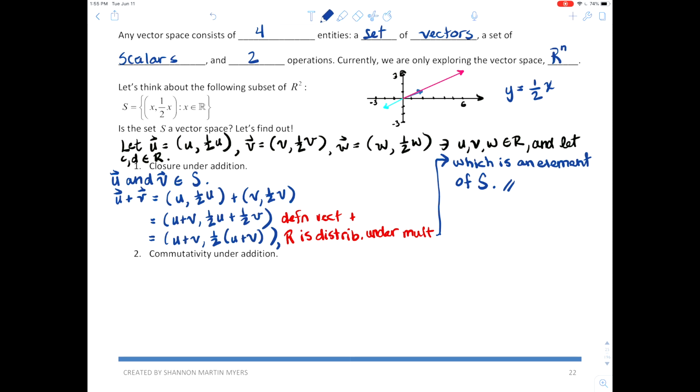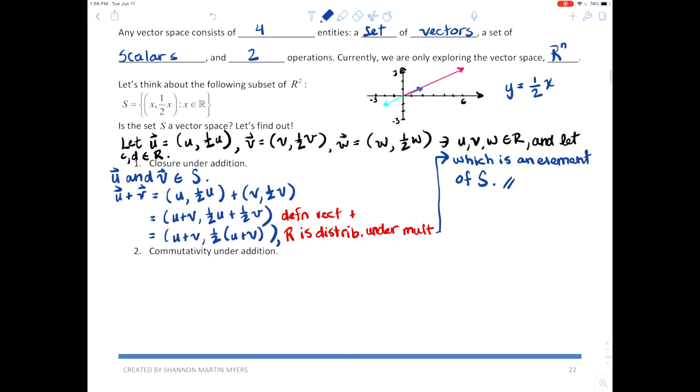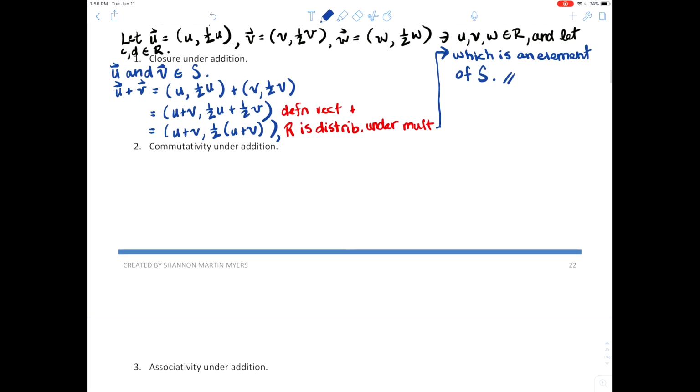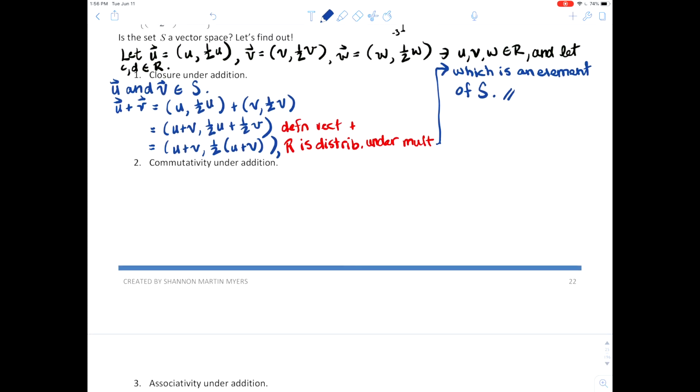All right, so next we have commutativity under addition. So commutativity under addition, what do we have to show? Good, we want to show that u plus v is equal to v plus u, right? So start out with u plus v.